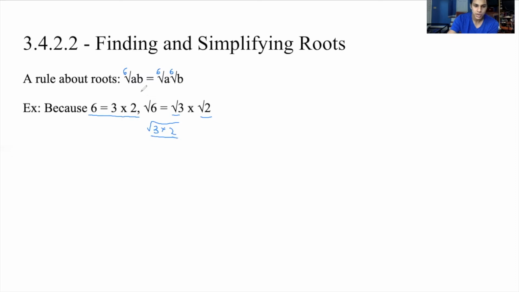And using this rule up above, when you have a times b, which are two numbers multiplied by each other, that's equal to the square root of the first number, a, times the square root of the second number, b. So basically, you can simplify the square root of a number to the square root of two of its factors multiplied by each other. And when those two factors are multiplied, they get you to that original number.